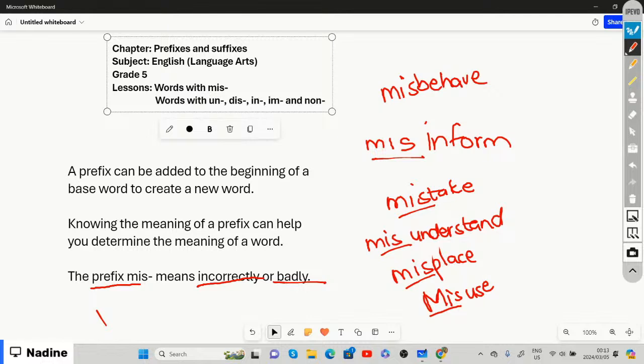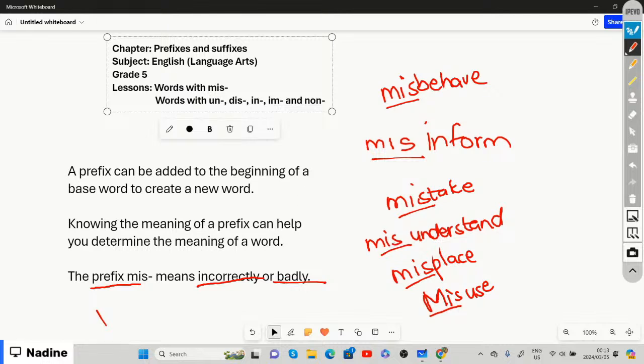Those are examples of words with miss. The part that I'm underlining currently is called the prefix.